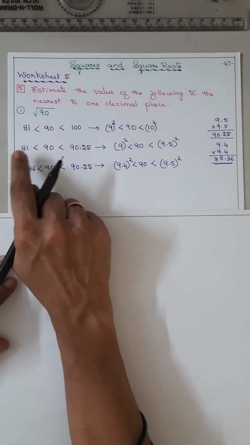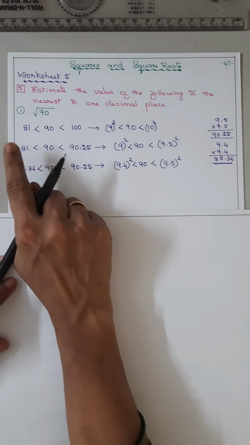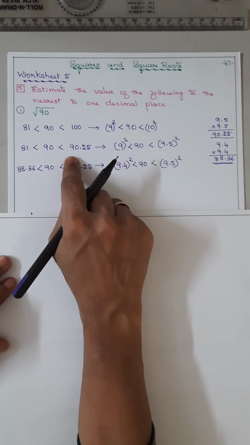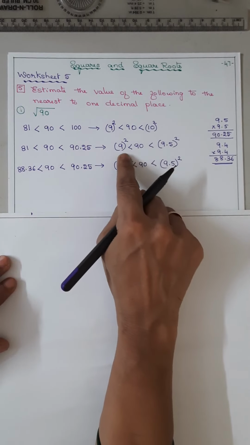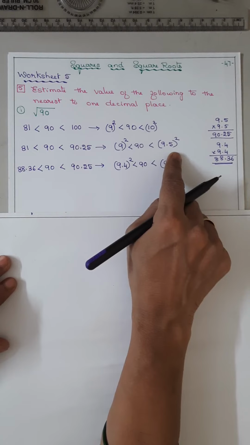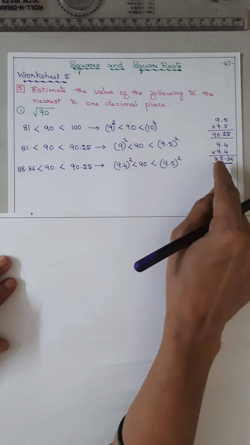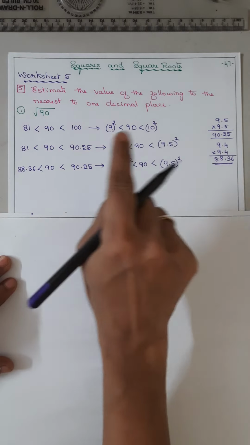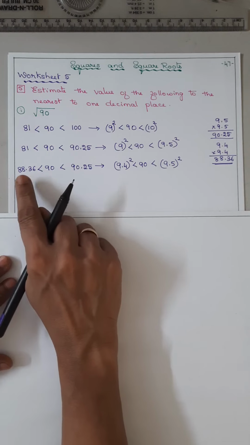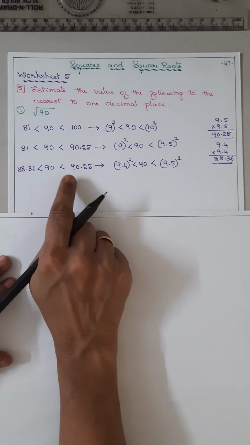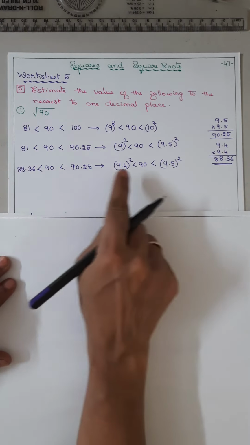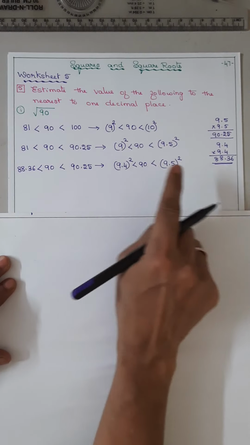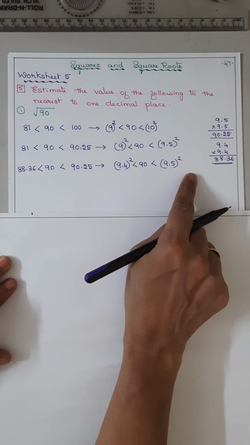So 90 comes between 81 and 90.25. That means 9 square and 9.5 square. Then check for थोड़ा कम, मतलब 9.4 के square देखो. Now you got 90 is between 88.36 and 90.25. That means 9.4 square and 9.5 square.